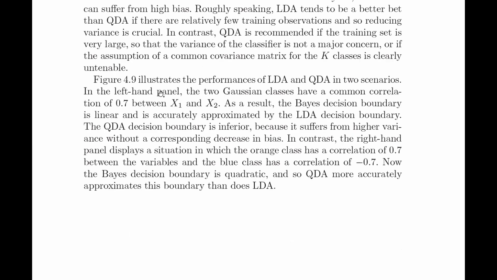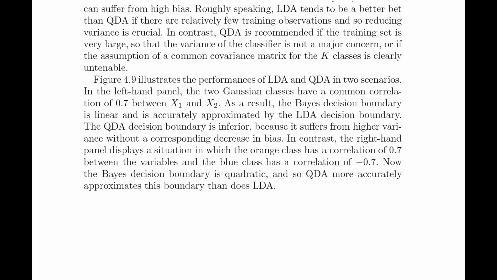The figure that we just saw above illustrates the performance of LDA and QDA in two scenarios. In the left-hand panel, the two Gaussian classes have a common correlation of 0.7 between x1 and x2. As a result, the Bayes decision boundary is linear and is accurately approximated by the LDA decision boundary.